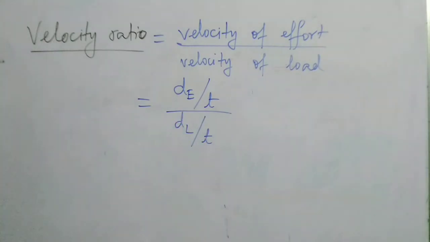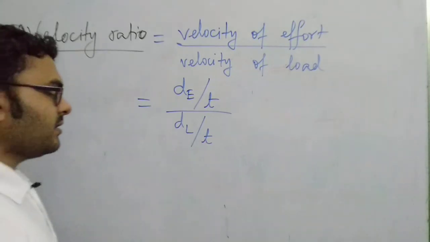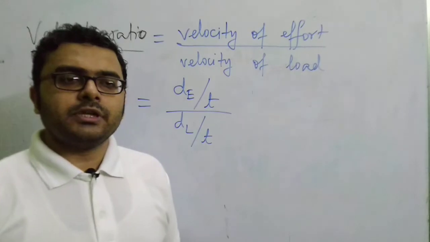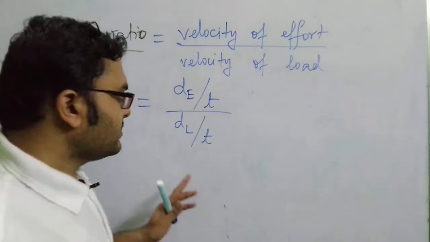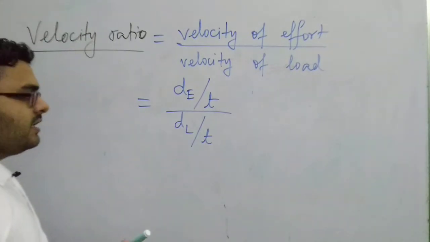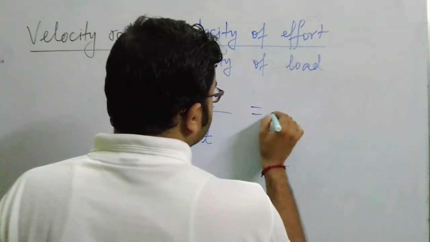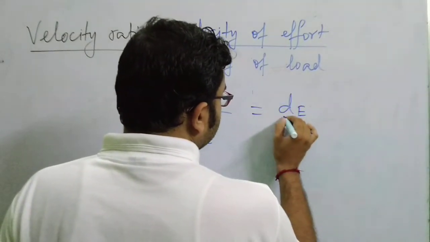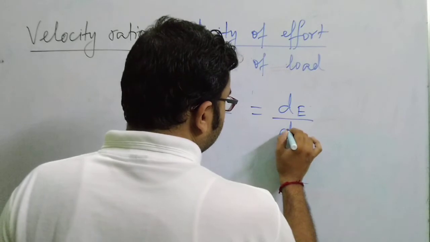You know that the formula for velocity is displacement by time, so I can write it like this. As we are considering the displacement of the effort and the load point in the same time interval, you can consider both the times to be the same, t, and thus this ratio turns out to be dE by dl.